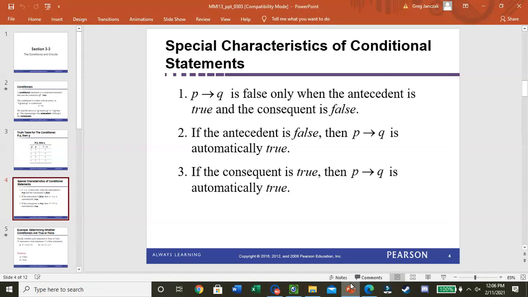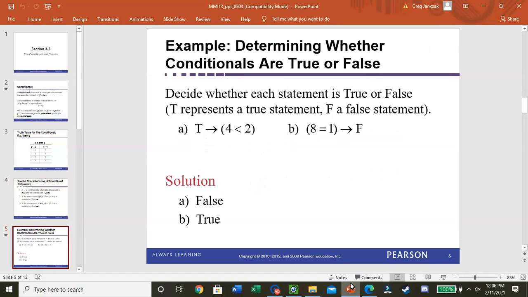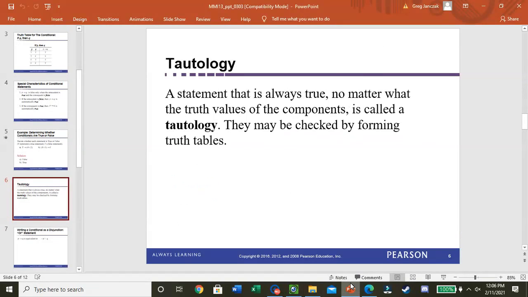The more you do that, the faster you'll get at it. It'll become easier for you, and you won't have to go back and forth so much when you're trying to do the work. Okay? So we did those two problems.